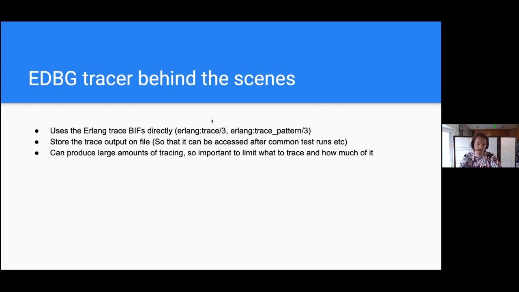It stores the output in a file, so it's of course useful if you use a tool in Common Test or some kind of test tool and you want to inspect the files later on. It can produce a lot of tracing, so it's important to only trace what you want to trace and then limit the tracing with either the timeout or the message size or both.